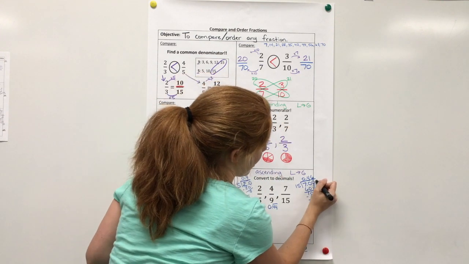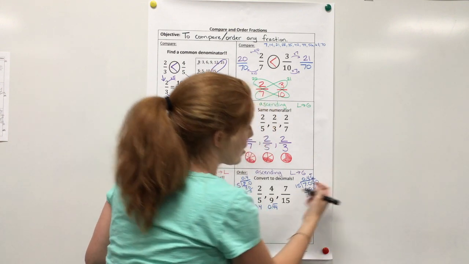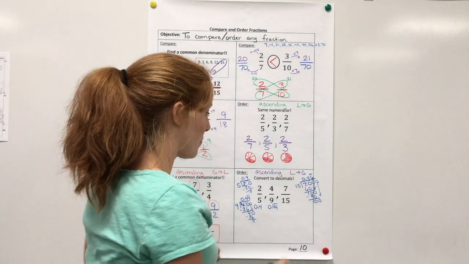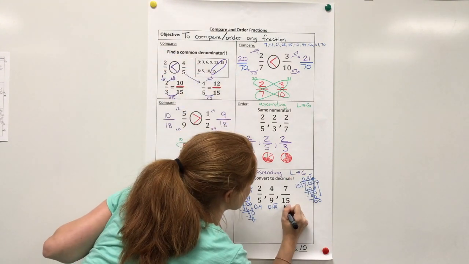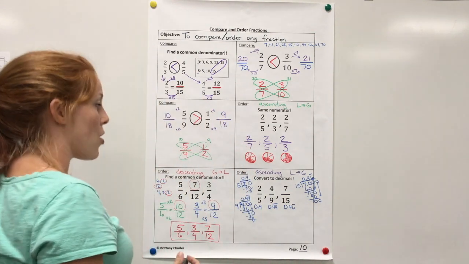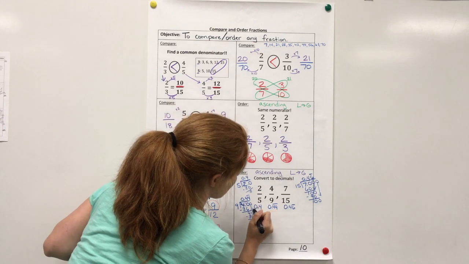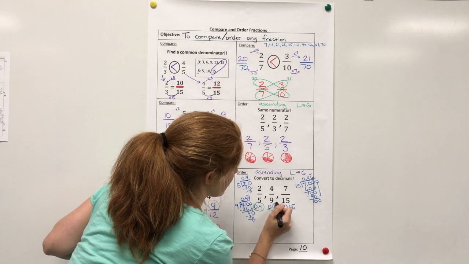Well, that means when I add a 0 and bring it down, it's just going to repeat. So this 6 repeats. The 4 doesn't, just the 6. All right, so this is 0.46 repeating.